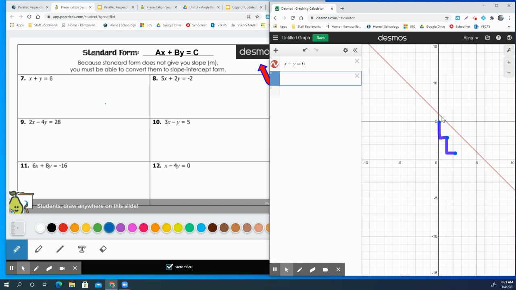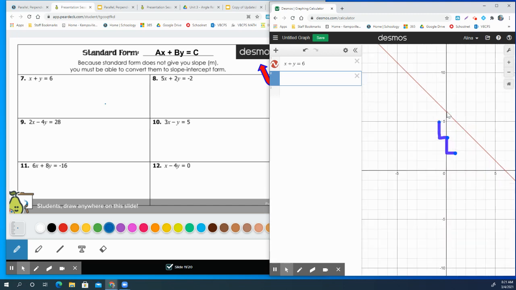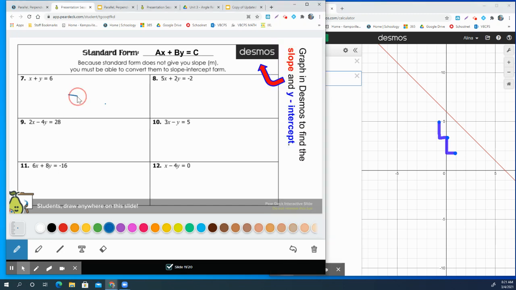All of these good points right here. So I'm going to go down 1, right 1, down 1, right 1, down 1, right 1. This slope is going to be -1. Okay, so from this equation, the easiest way to find the slope is to put it in Desmos and look at the graph like we just did.